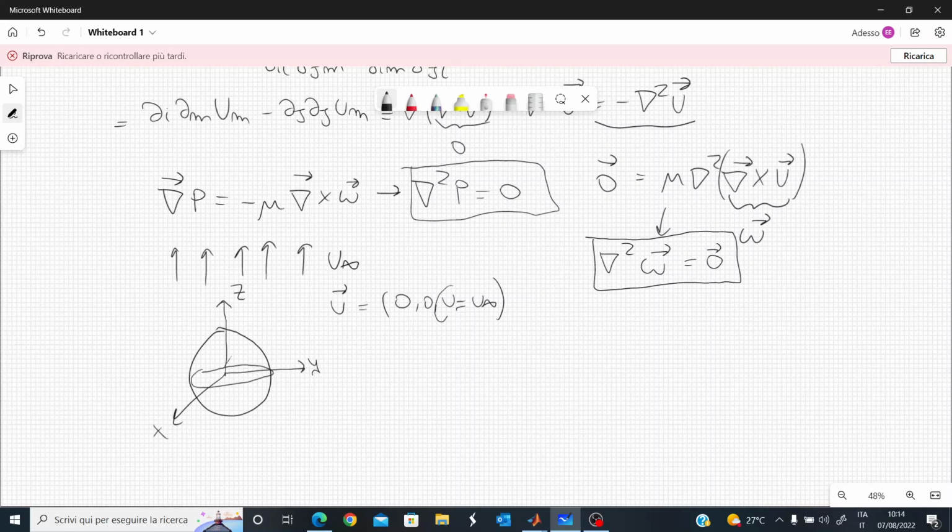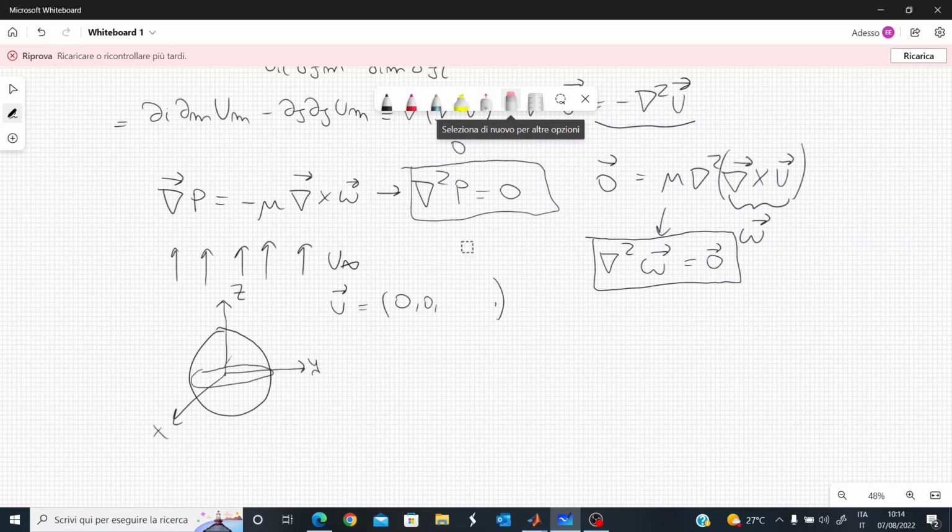So u without the arrow will be u infinity, and it can also be indicated like this, u. For example, in the MATLAB script that we will see, it will be called u. But in this case, while doing the derivation, we will call it u infinity, just like this, right? And we want to understand what is the function u also near the sphere.